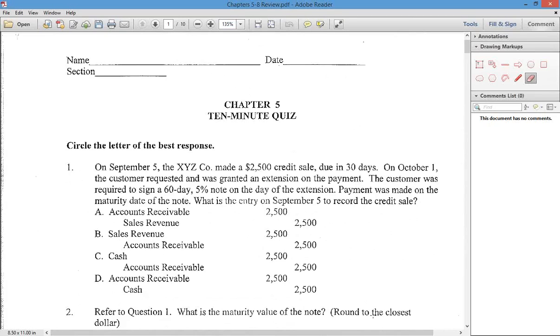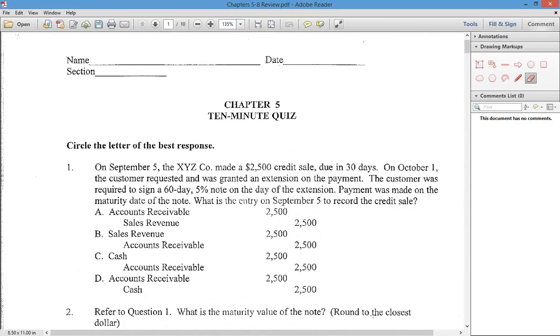The difference between the percentage of sales method and the aging of receivables method is that you must bring the balance of your allowance account to the amount of your aging. So if I had a credit balance of $10 as my beginning balance in my allowance for doubtful accounts, and I needed my balance to be $98, then my adjusting entry would be for the amount of $88.